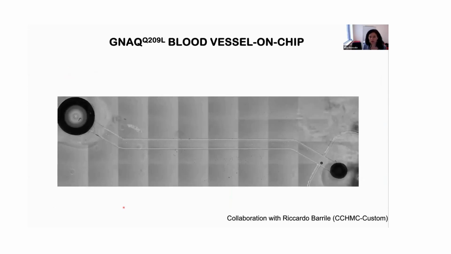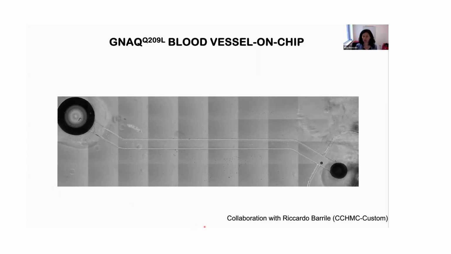We also really wanted to have a system, in addition to the in vivo, a simplified system that could test our hypothesis that the mutant endothelial cells were really the driver, or contributed significantly, so they are sufficient to induce this KMP-like phenotype.